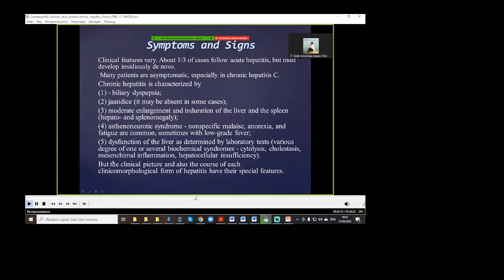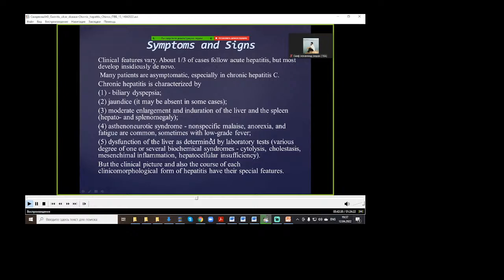Various degrees of one or several biochemical syndromes. These syndromes are cytolysis, cholestasis, mesenchymal inflammation, and hepatocellular insufficiency.